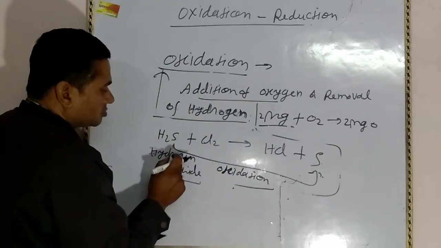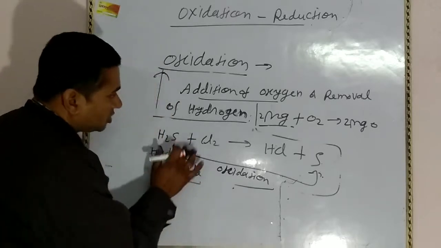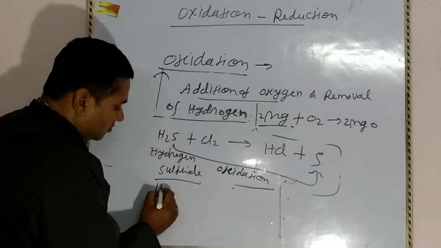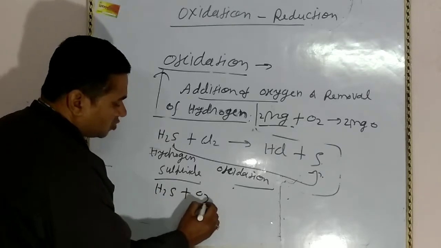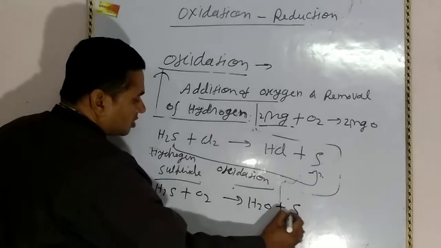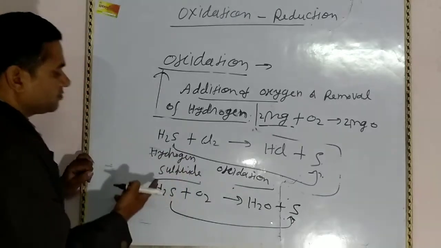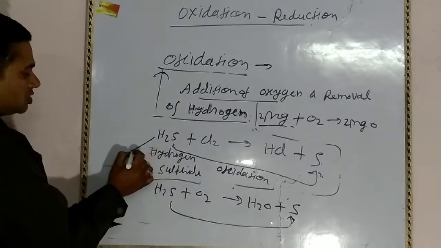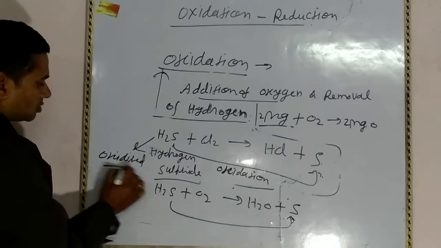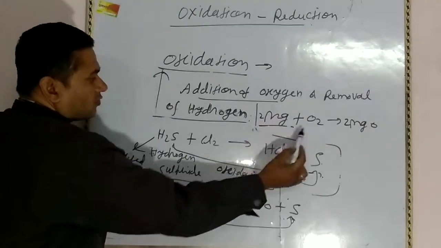Now you have a very good example of oxidation. Take one more example, H2S plus O2. It also forms H2O plus S. Here too you are seeing removal of hydrogen, so this has been oxidized. This is the removal of hydrogen and this is the addition of oxygen.